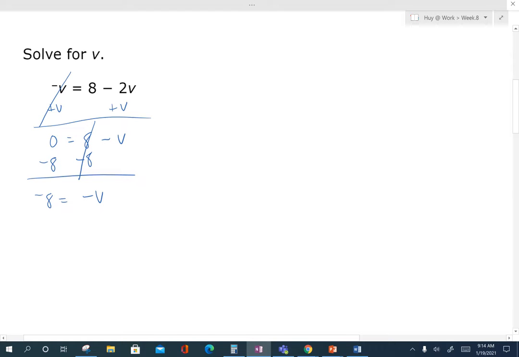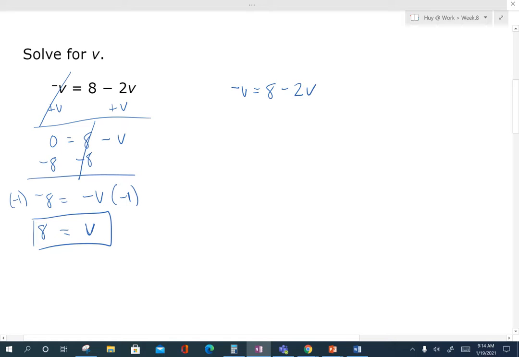And then you employ this little trick, because you don't want to find negative v, you want to find a positive v. So you can multiply by negative 1, because a negative times a negative is a positive. Then you have to do negative 1 on the other side, so that positive 8 equals v, right? That seems like a whole bunch of work for an equation that looked pretty straightforward.